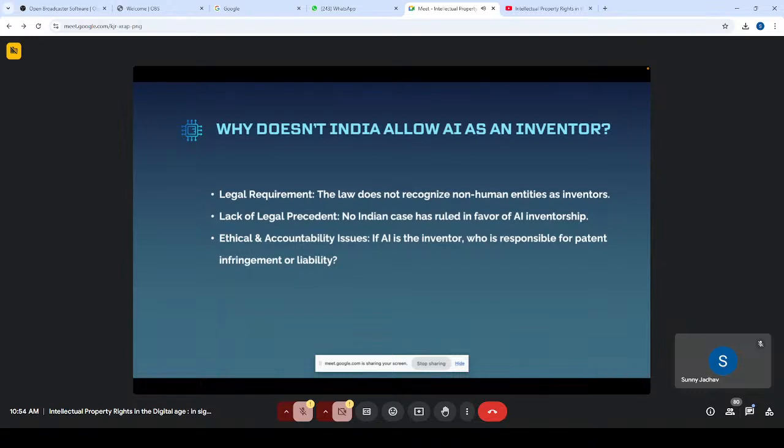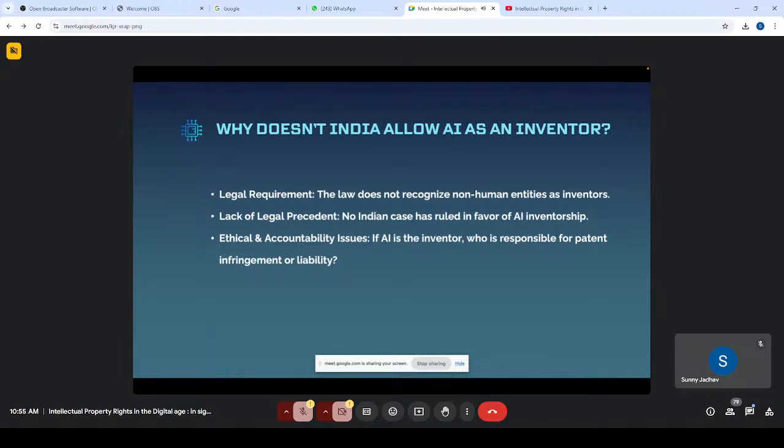Yes. So, who is responsible for patent infringement and liability? As we discussed in the example of some unethical inventions, obviously AI cannot file the infringement suit, but more than that, the critical question is if something happens which is unethical, which is against morality, then who is going to take the liability? Who is going to take the responsibility?